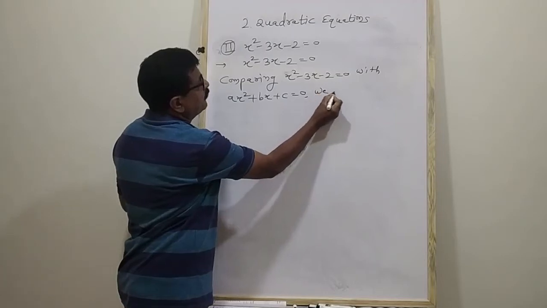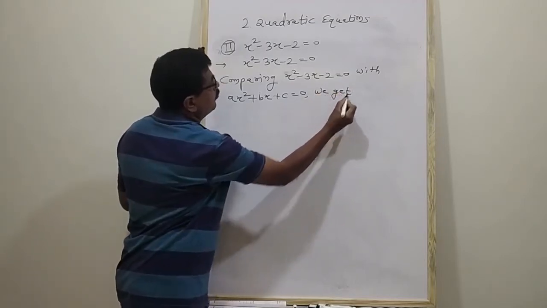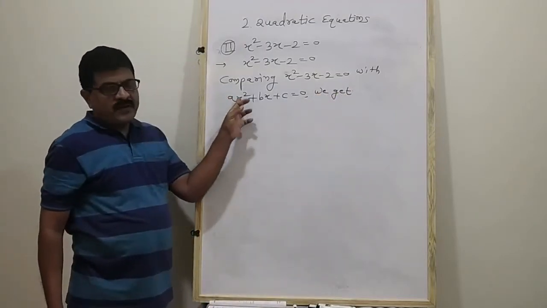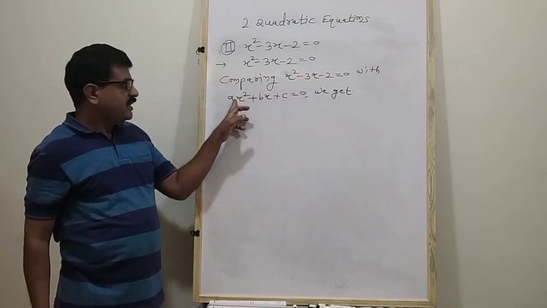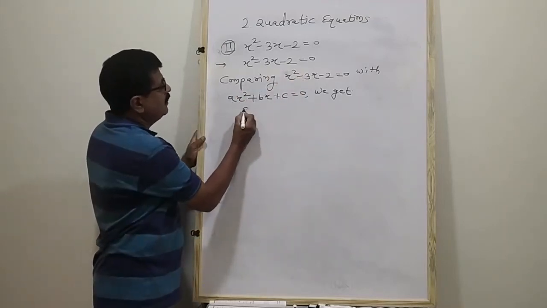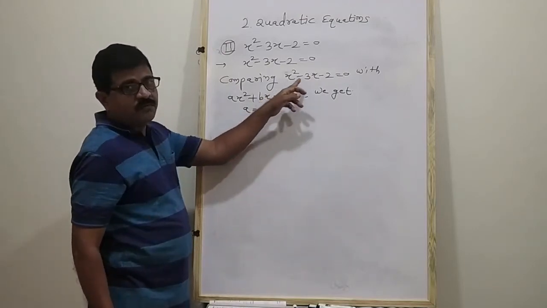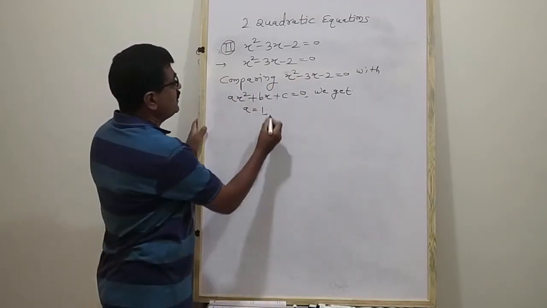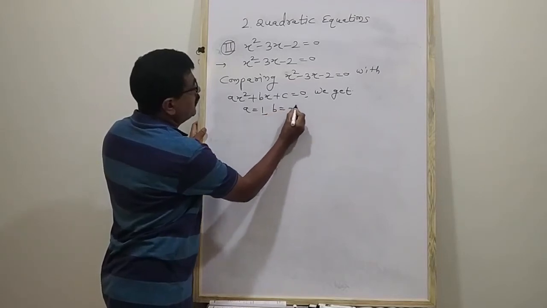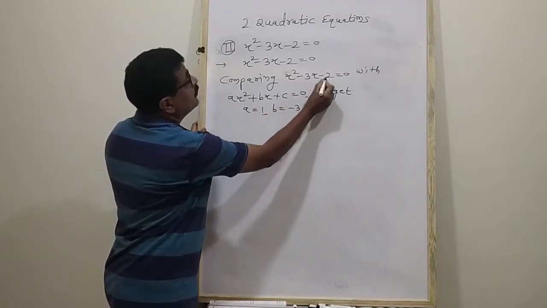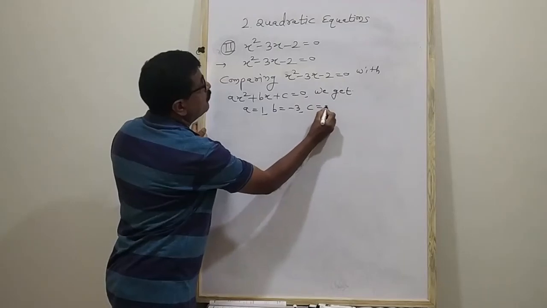We get, comparing coefficients of x square, a is equal to 1. Comparing coefficients of x, that is b is equal to minus 3, and constant term c is equal to minus 2.